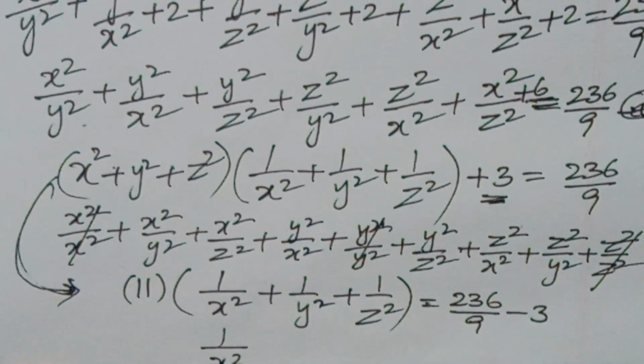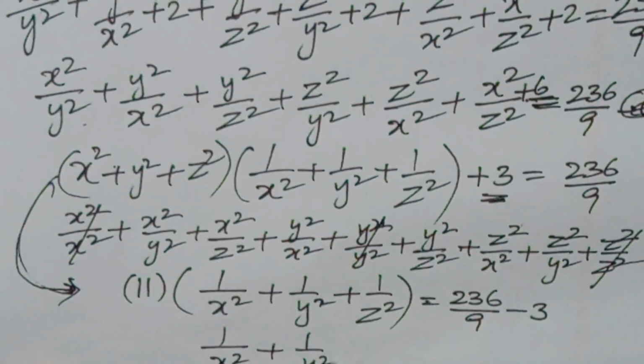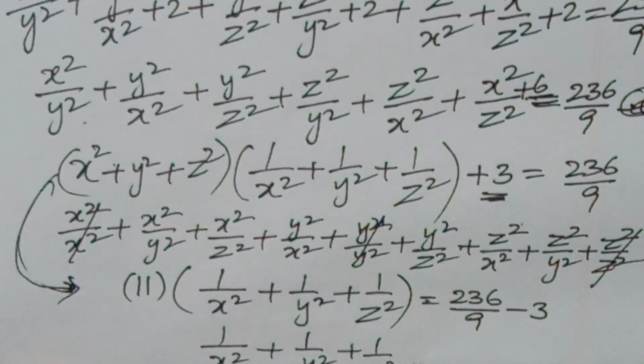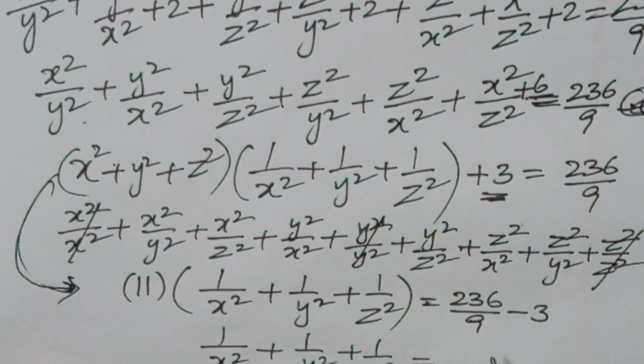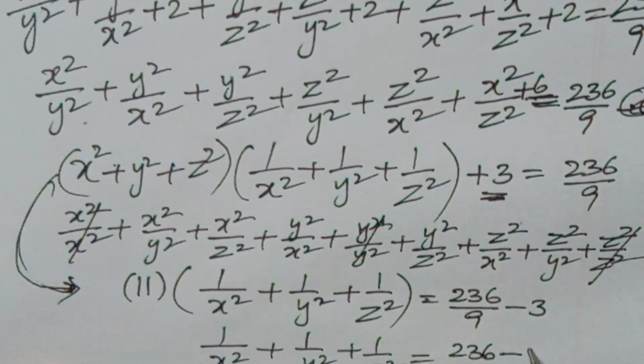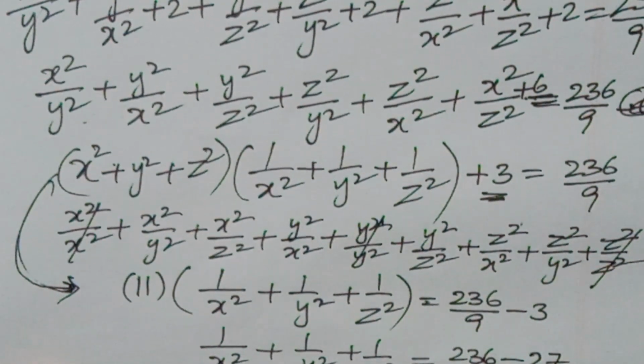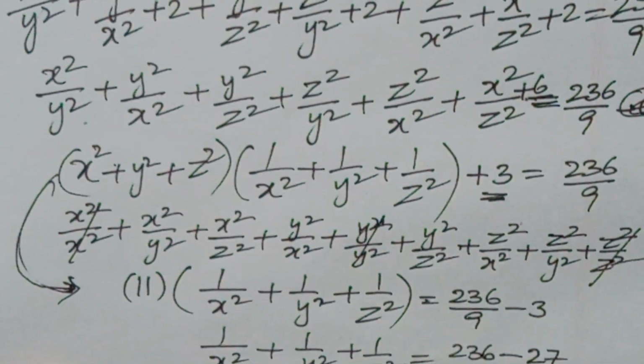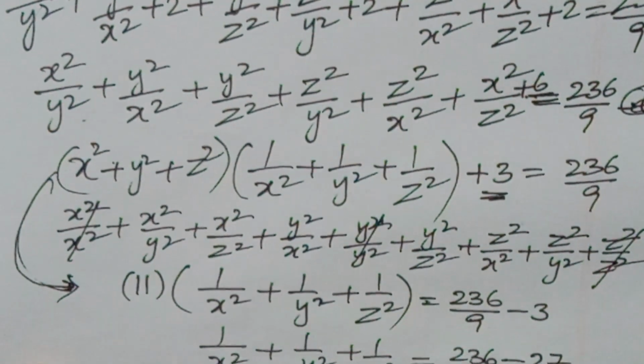So 1 by x square plus 1 by y square plus 1 by z square is equal to (236 minus 27) by (9 into 11).